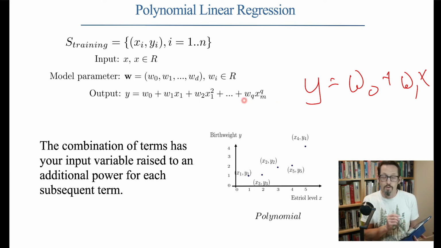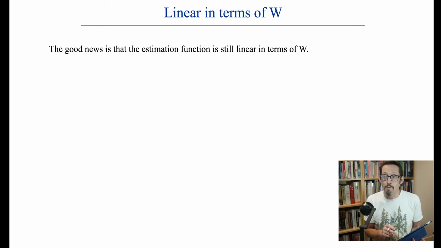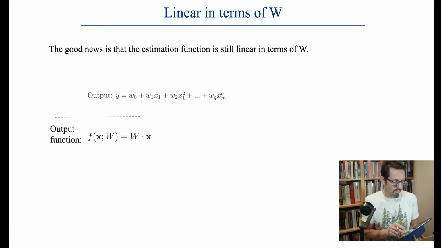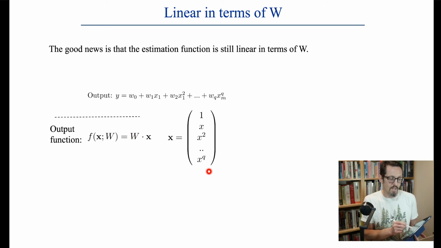The weights are always just w, there's no w squared or something like that. That's the key here. But the x's can be whatever they want. And then we can fit polynomials on top of a linear parameter space. So again, we are linear in terms of the w. The prediction still looks like this equation, it's just that the x's now look like polynomial features.